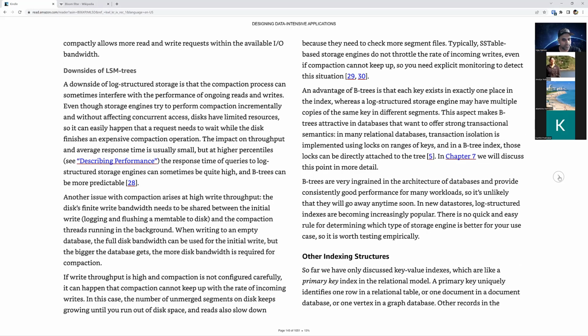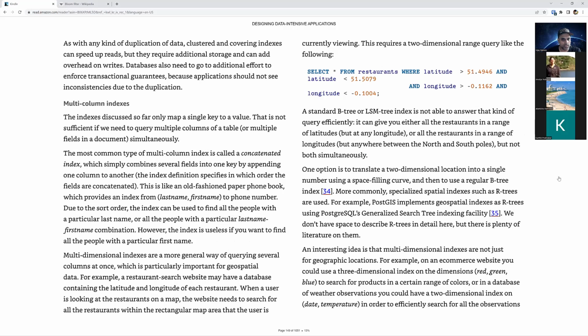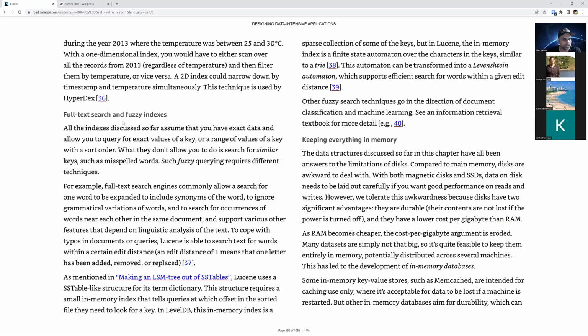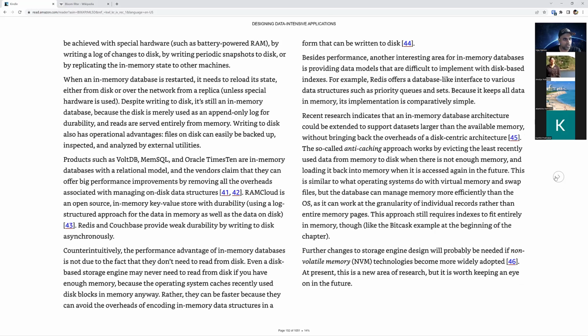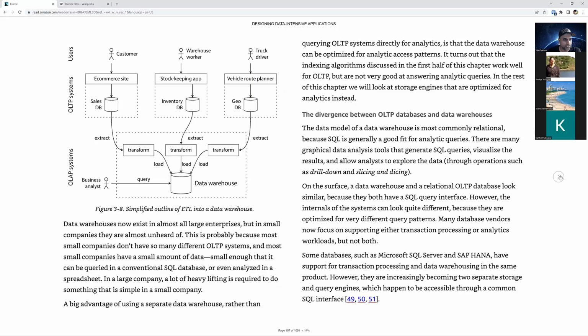Then it starts getting into SQL, and then text search and fuzzy indexes. This is a good section, and I think it leads up into Elasticsearch. So we'll get there in terms of the Elasticsearch stuff. Then we revisit ACID here, and again, transactional processing. So we're building up to these concepts. These are good things.